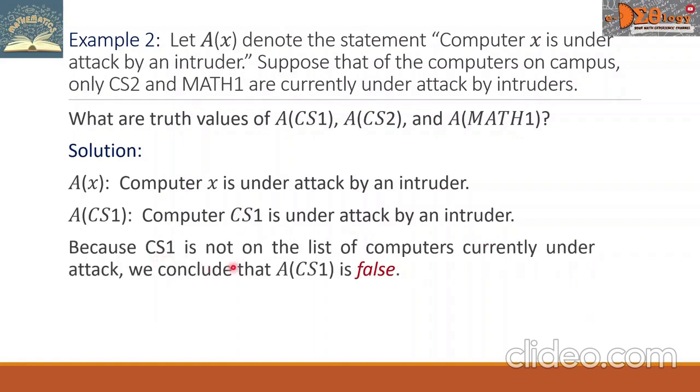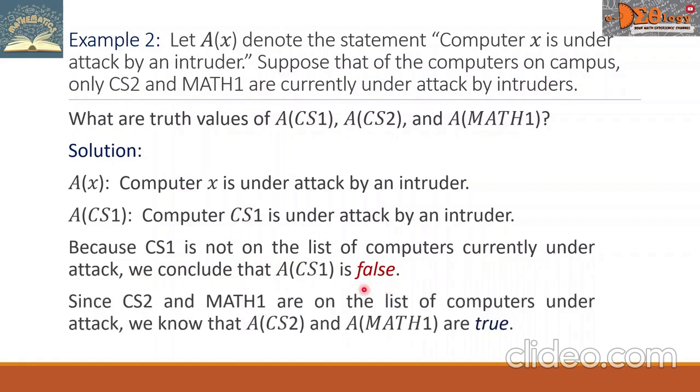Because CS1 is not on the list of computers currently under attack, we conclude that A of CS1 is false. Since CS2 and Math 1 are on the list of computers under attack, we know that A of CS2 and A of Math 1 are true.